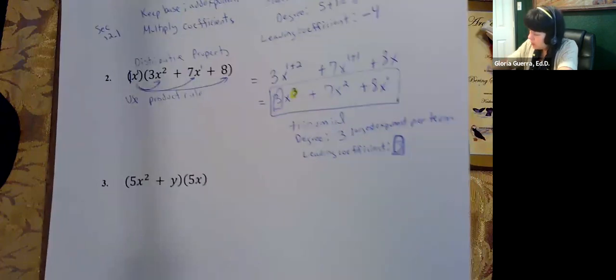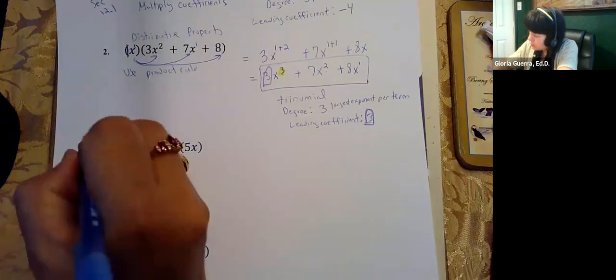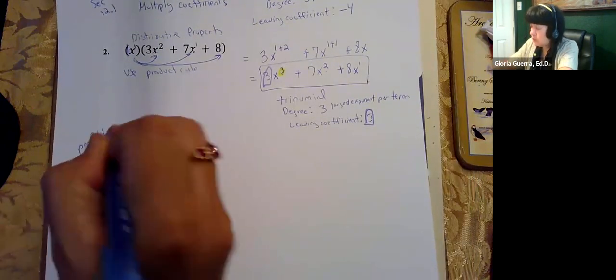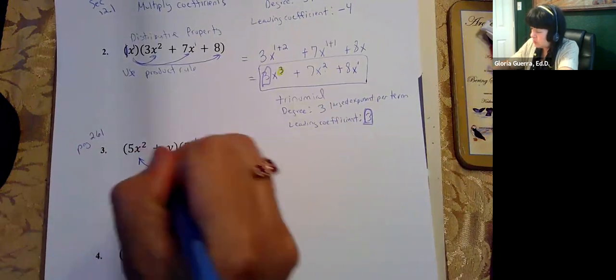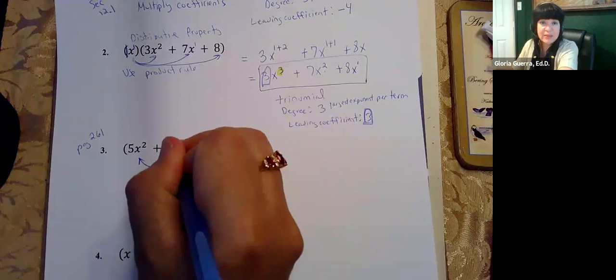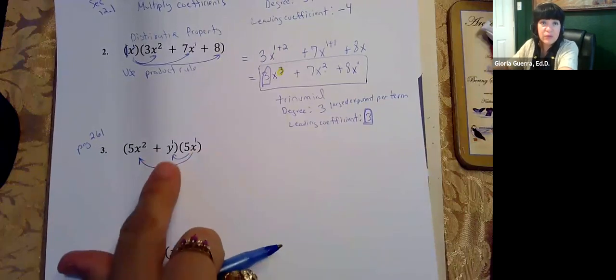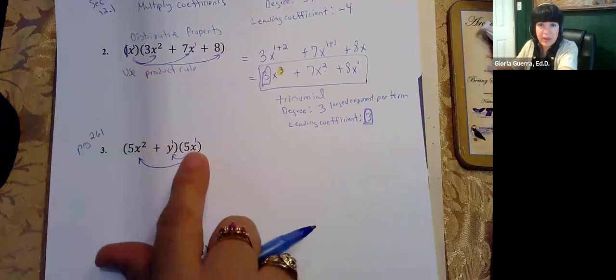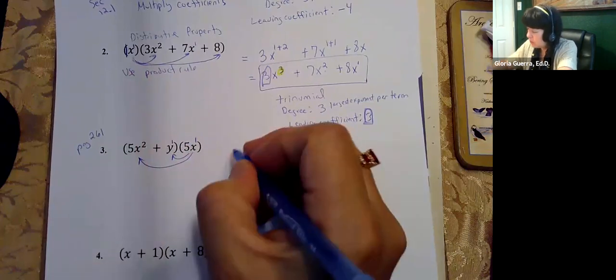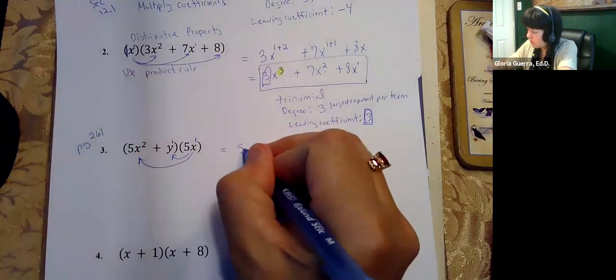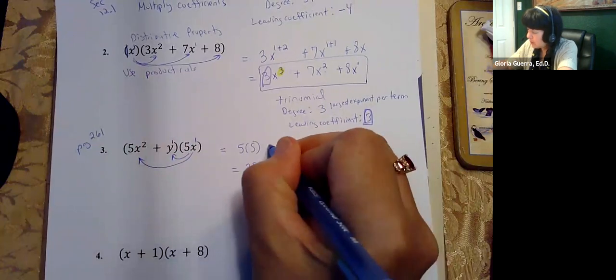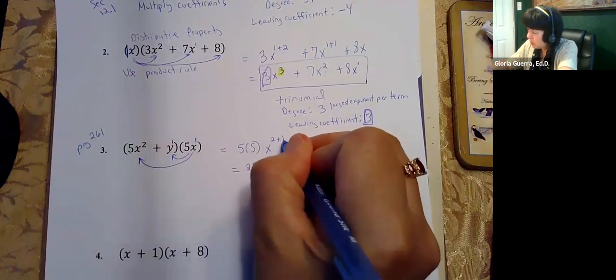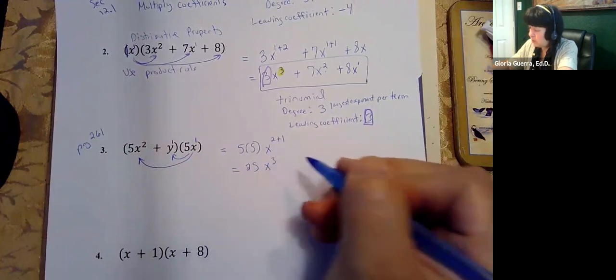And then on this one, this is also distributive property, except it's on the back end side. We're used to seeing it in the front end side, but they can put it on the back end side. So this is 5 times 5, which is 25 on the x, 2 plus 1, which is x cubed.